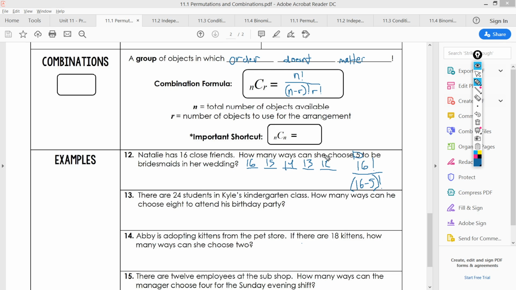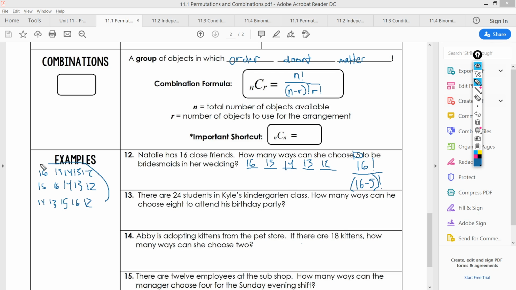But we also don't care how these are arranged. I don't care if it's 16, 15, 14, 13, 12, or if it's 15, 16, 14, 13, 12, or if it's 14, 13, 15, 16, 13, 12, right?